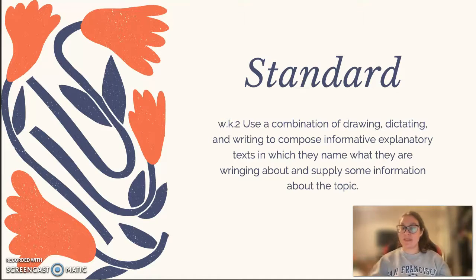So in this case, you're going to be telling me about plants, right? What they have, what they need, and those type of things. And then you're going to make sure you label your drawing. So basically just what I told you, okay? Are we ready to learn about plants? I hope we are. Do you guys have any questions before I continue?